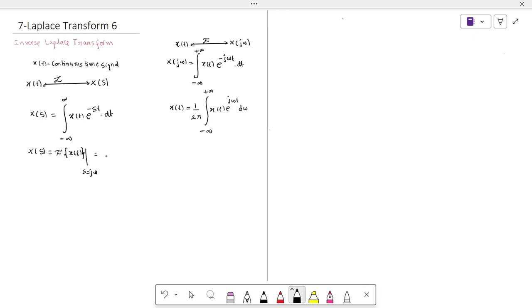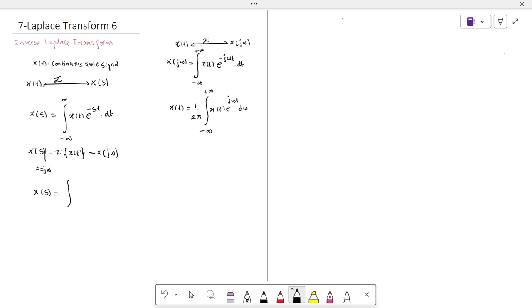Whenever s is equal to j omega, this X of s is equal to X of j omega. Is it correct? So that is the Laplace transform X of s.